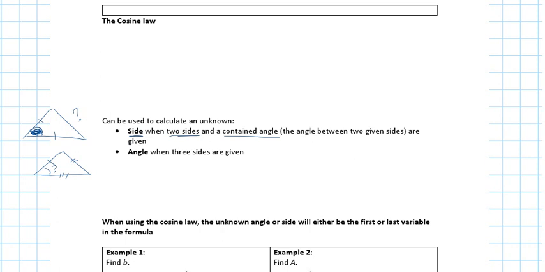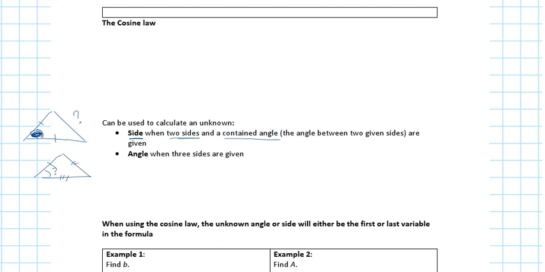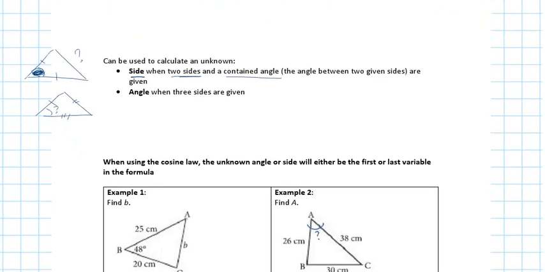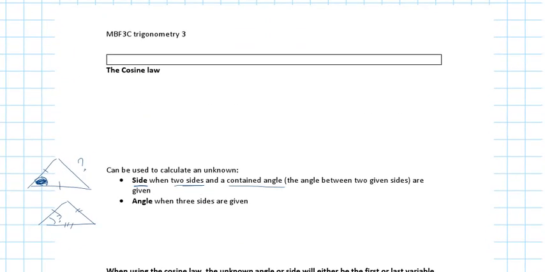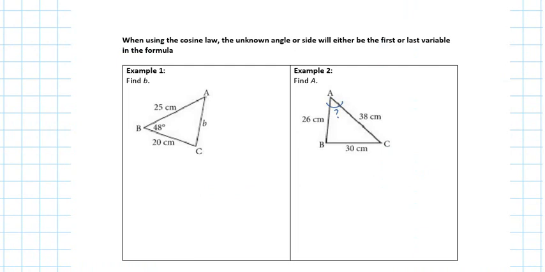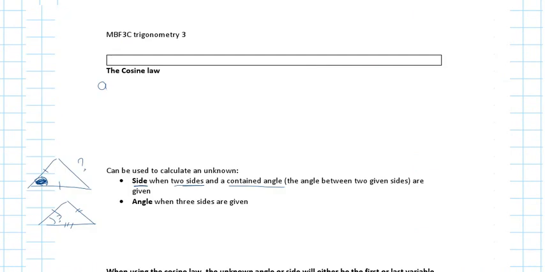Now, here are the formulas. If I'm looking for a side, the formula says a squared equals... Let's say this is angle A, angle B, angle C, and I'm looking for side A, because side A is the one across from angle A. Which sides would I know?